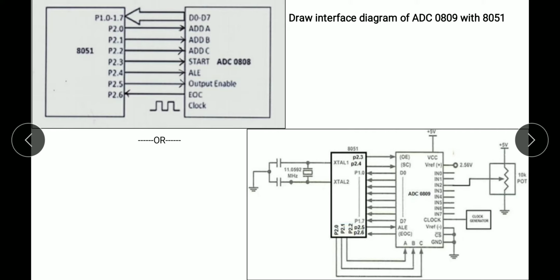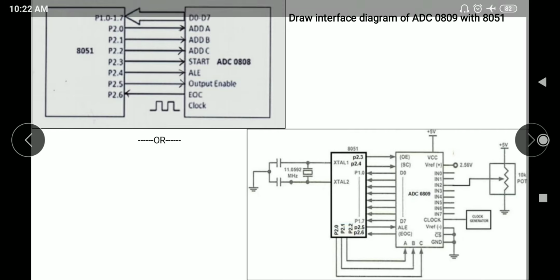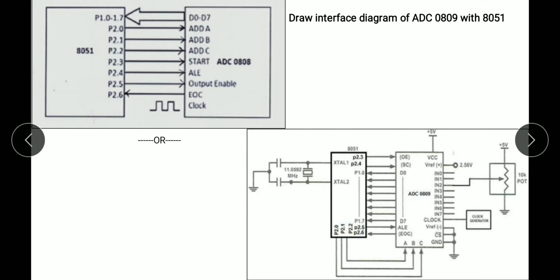After that, in that diagram we use port 1, that is the input pins. After that, we use port 2 also. Port 1.0 to pin 1.7 we use for D0 to D7.